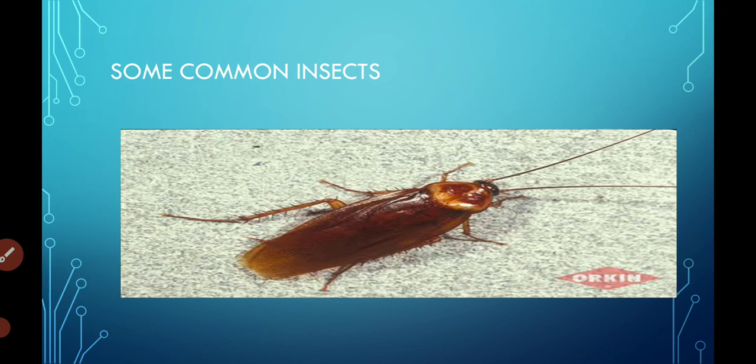They feed on kitchen garbage, scraps, etc. They have 6 legs. Why? Because cockroaches are insects. A cockroach is an insect, so it has how many legs? 6 legs. And the body of the cockroach is divided into how many parts? 3 parts: head, thorax, abdomen.